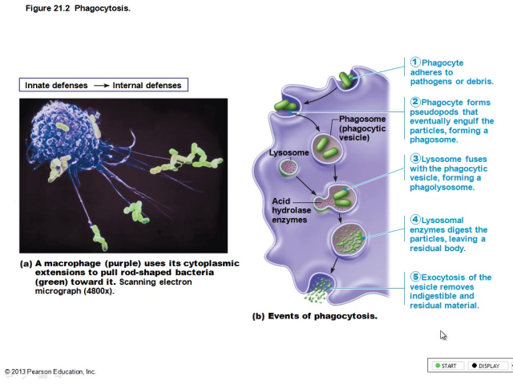So, phagocytes, specific or non-specific? Non-specific. They just know something sticky is stuck to them, they're going to eat it. Know the steps of phagocytosis. This is repeat. You know this information already, right?